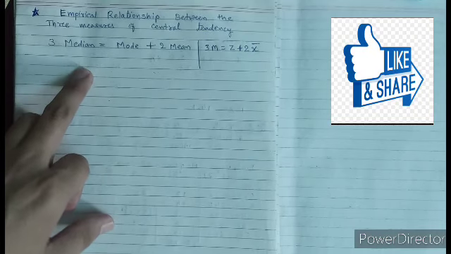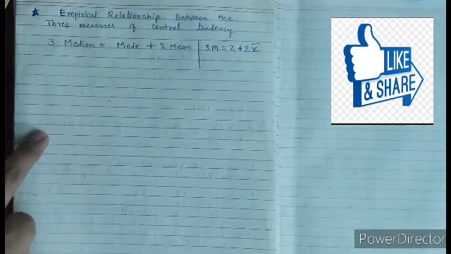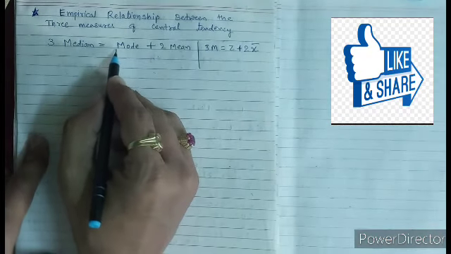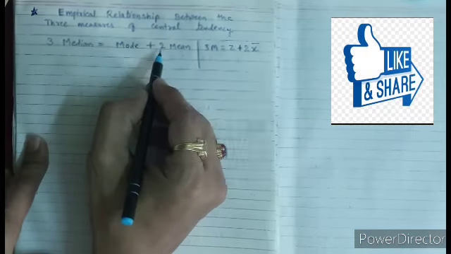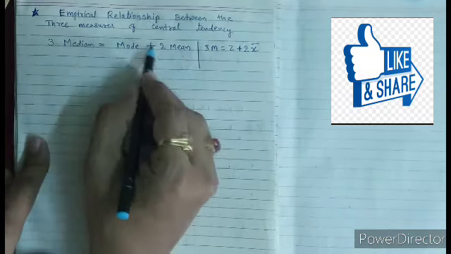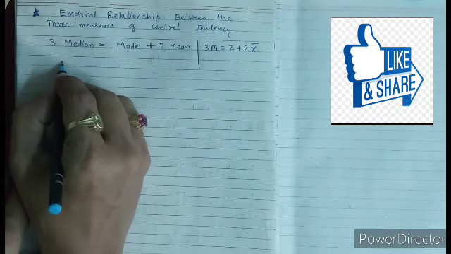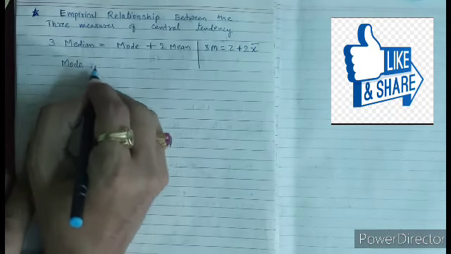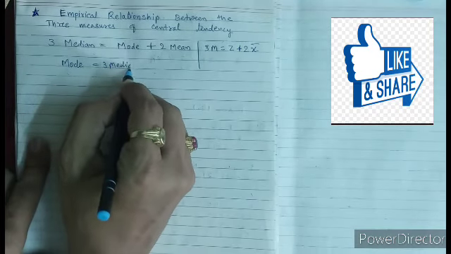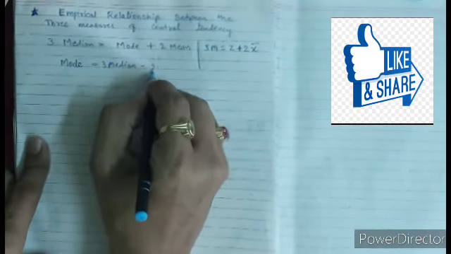Now the same equation can be written in some different forms. Let us see how. If I want to make mode the subject, I send this 2 mean to the other side, and it becomes negative. So I can write mode equals 3 median minus 2 mean.